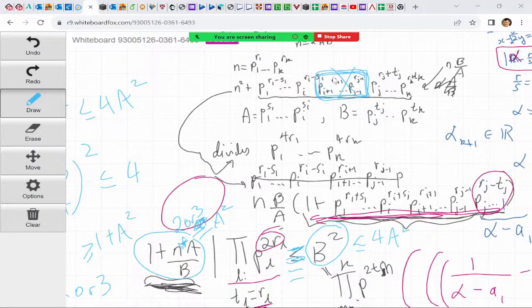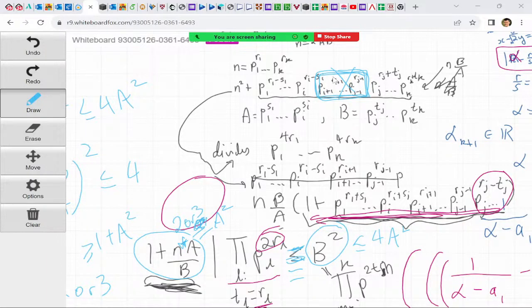What about the other part? If the 2 or 3 comes from the a, then you get 1 plus 2a squared, and that has to equal b squared, right? If the 2 or 3 comes from the b, then this thing becomes a third or a half of b squared on the right.